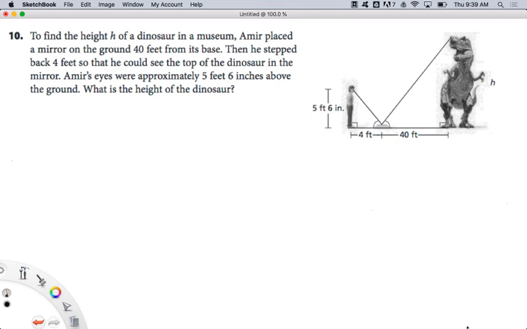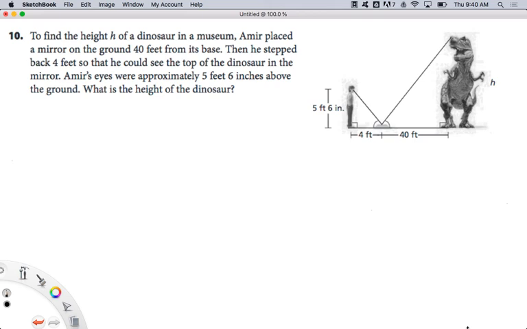Does that make sense? Because you can see that these two are right angles and these two angles will be similar because light bounces off at the same angle, these are two similar triangles, and then you can use that to measure the height. So that's a pretty cool way to measure the height of something.